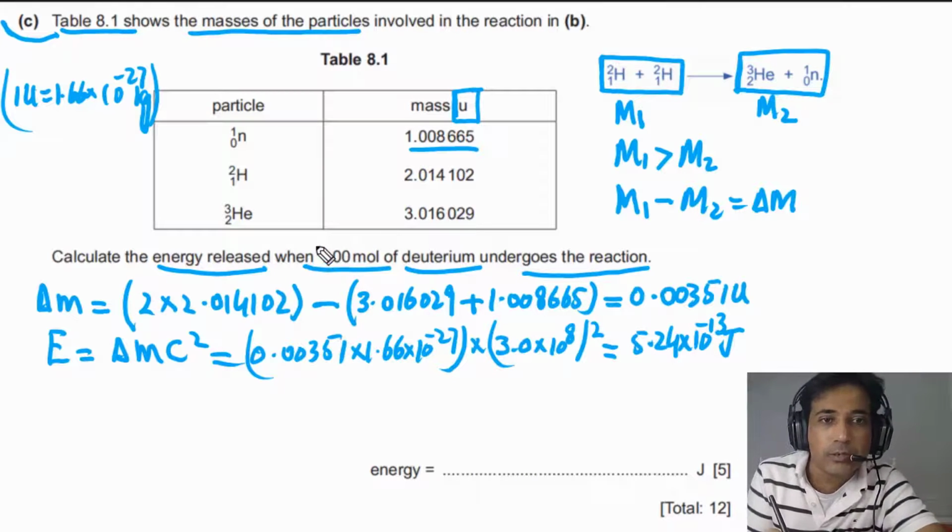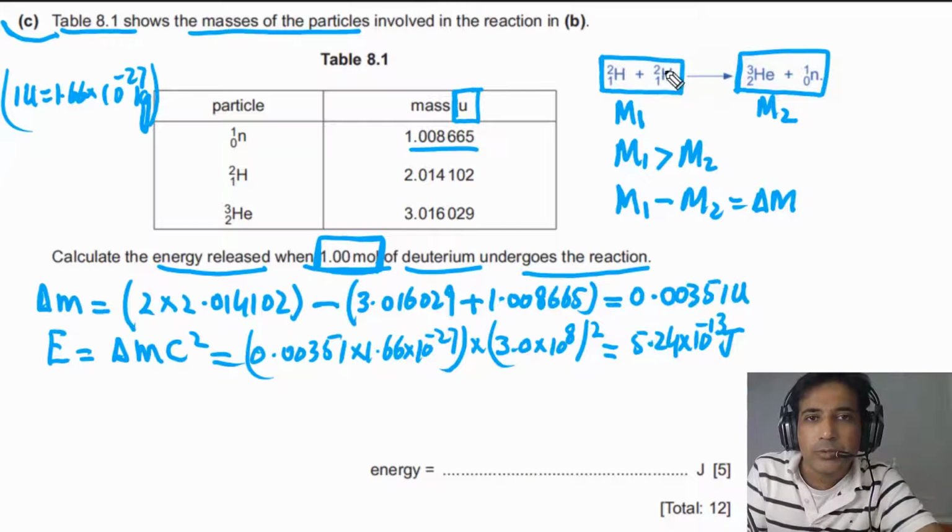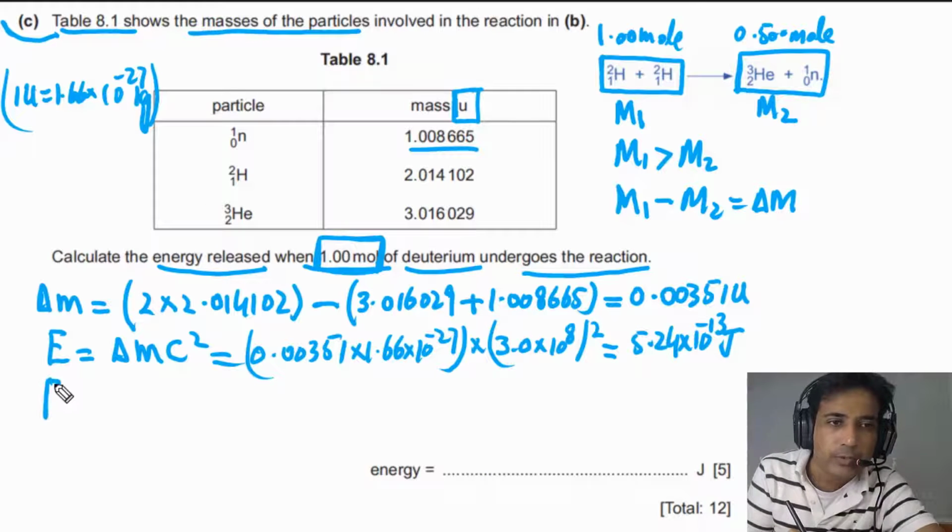But we need to calculate energy released when 1 mole of deuterium undergoes nuclear reaction. Now you need to understand, if we have 1 mole here, how about the number of nuclei of helium? That will be half. So we can simply say if we have 1 mole of deuterium, we will get 0.5 mole of helium. Very important point. Now we can simply write down here total energy released.